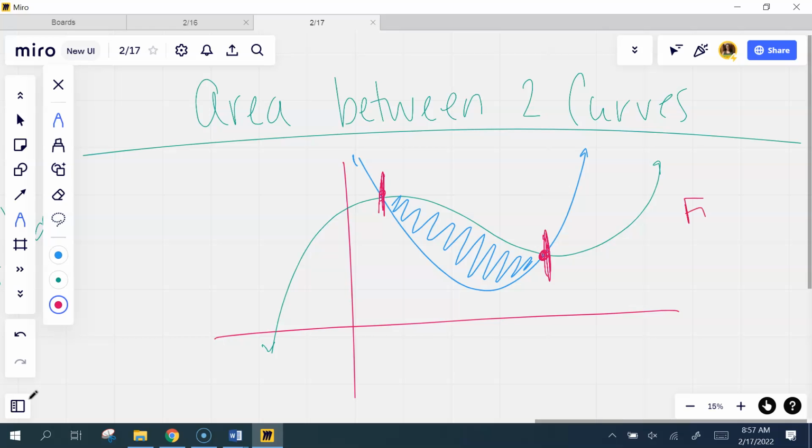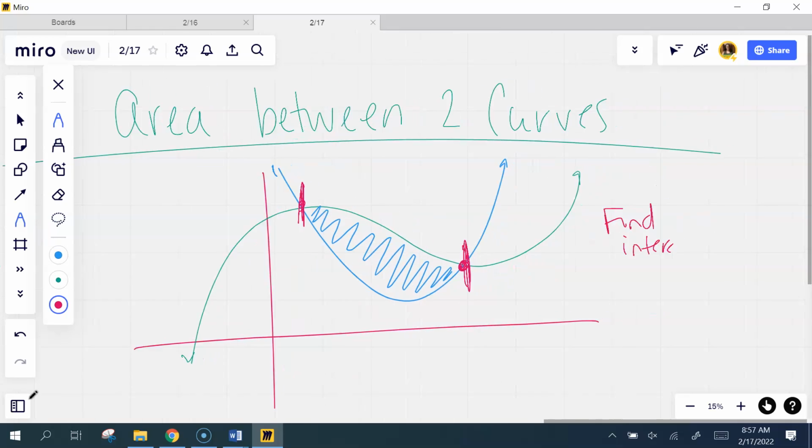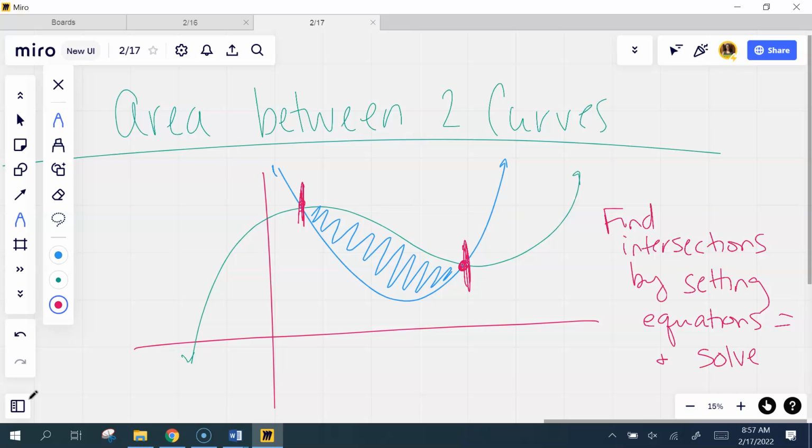So finding intersections by setting equations equal, and you're looking for the x values, right? That's right.